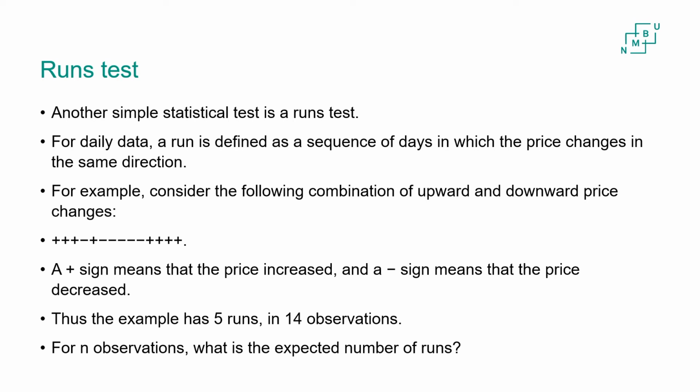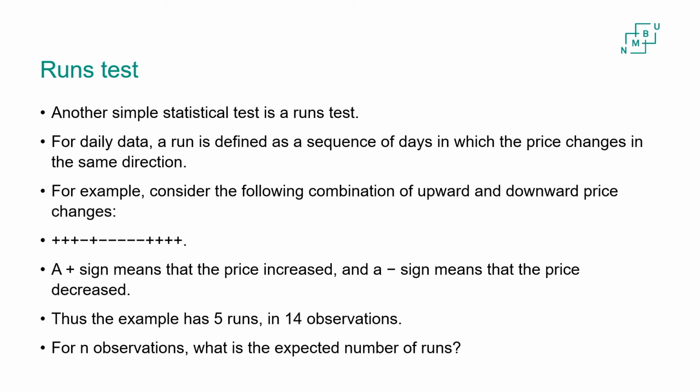We also have the runs test. Okay, and a run is a sequence of days in which the price changes in the same direction. So in our small data sample here, we have 14 observations, and for the first 3 observations, the price move is positive.